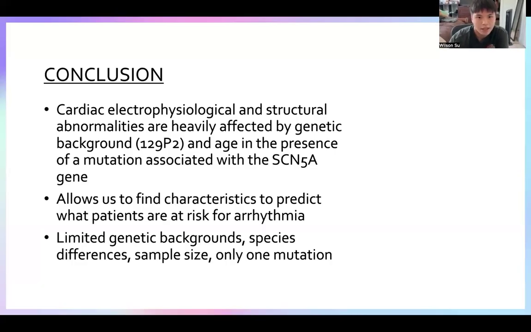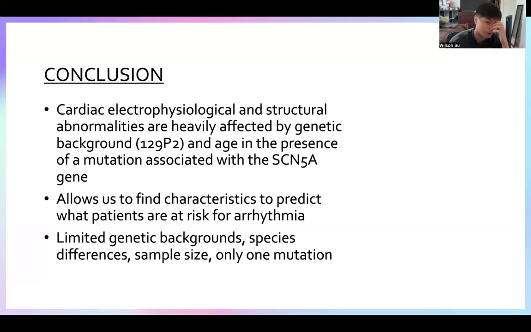And there's just a big genetic difference between mice and humans, but it allows us to have an idea of what certain things could be or how this might affect one thing, right?